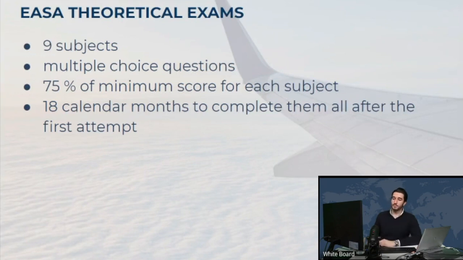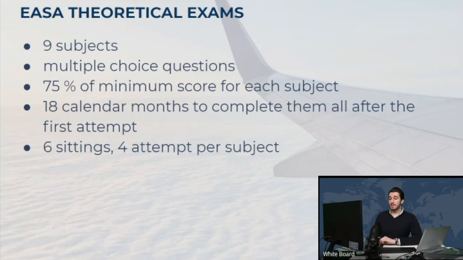So once you go for the first time, you will have 18 months to accomplish all of them. If you don't accomplish all of them, unfortunately, you will have to restart. It's quite a good number for PPL, but for ATPL, which is quite much bigger, it may not be that much. But of course, it depends on you.